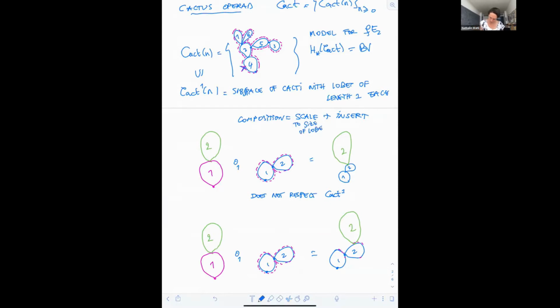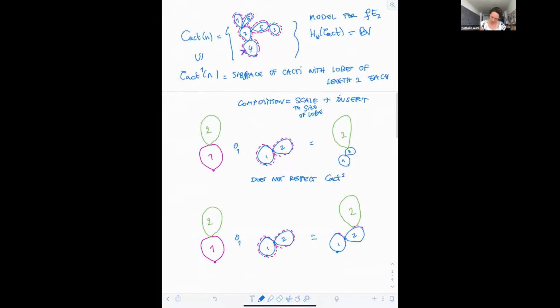And here you could instead say scale the lobe of the inserted cactus.